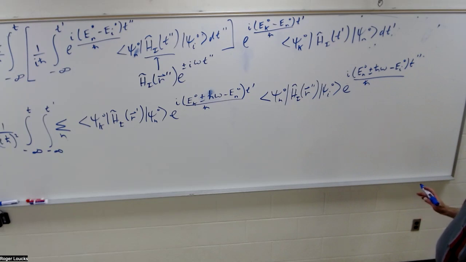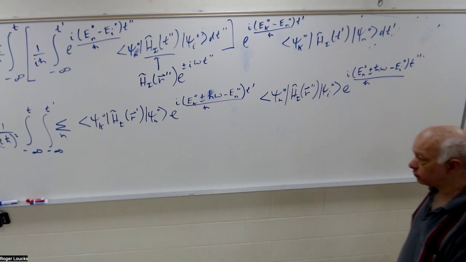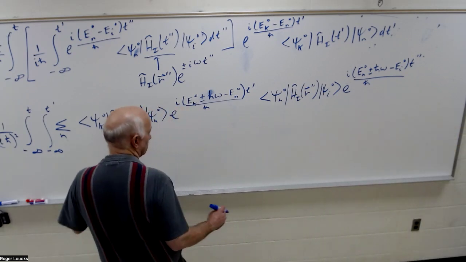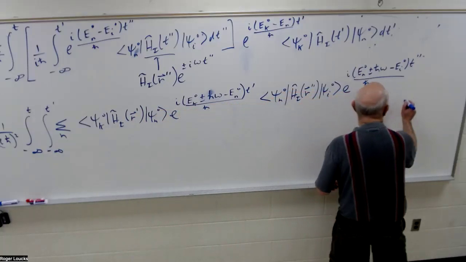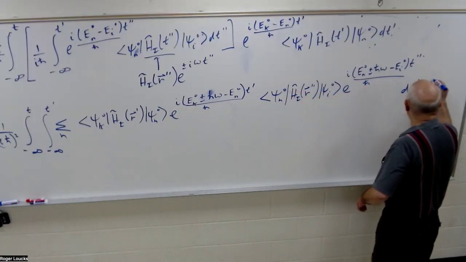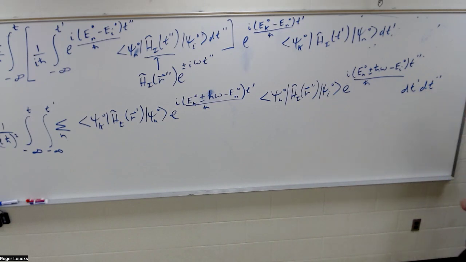Yeah, I think I have all the terms, right? Okay. Now, what can I do? And then I need one other thing here. I need dt prime, dt double prime. I have two of those.